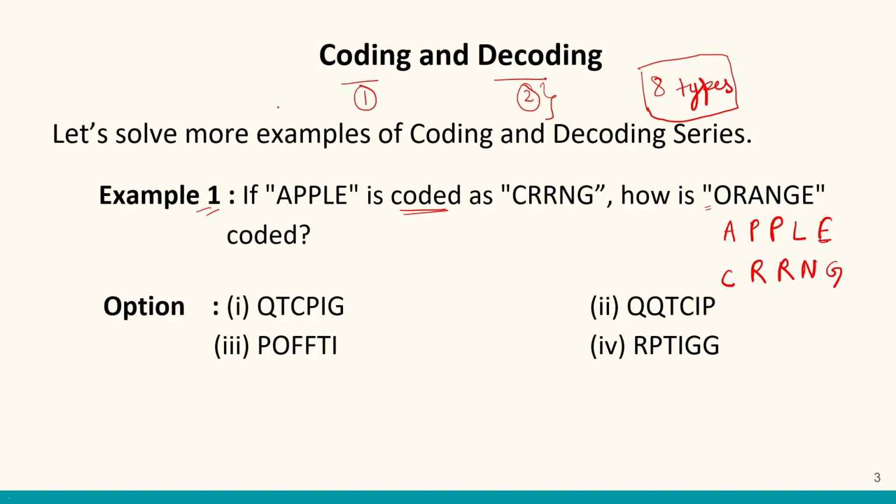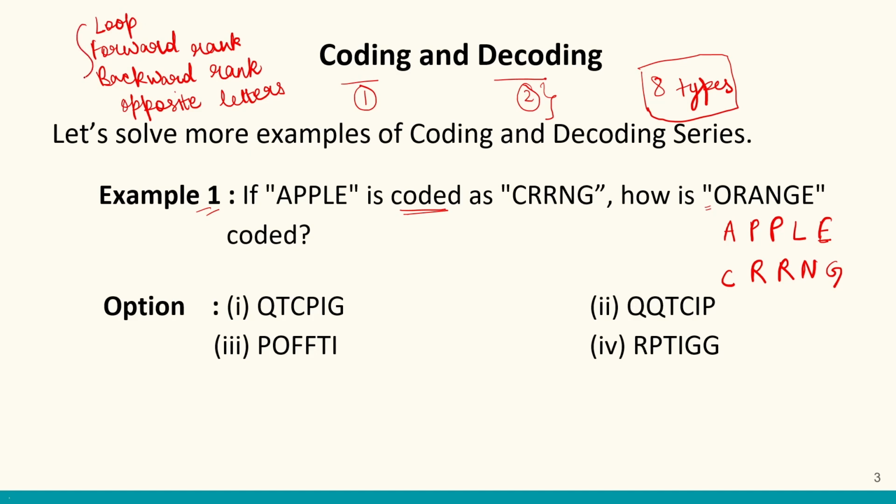So if you remember, I told you some concepts of forward rank, backward rank, opposite letters, and I also discussed the concept of loop. So with the help of these 4 concepts, we can easily solve letter or alphabet coding problems.